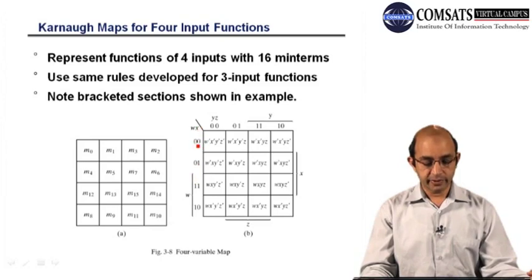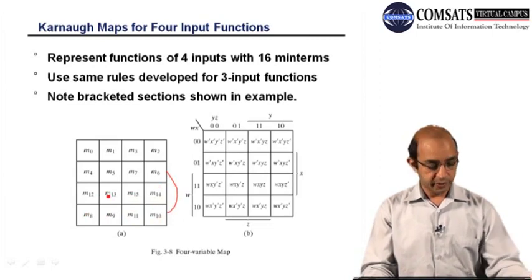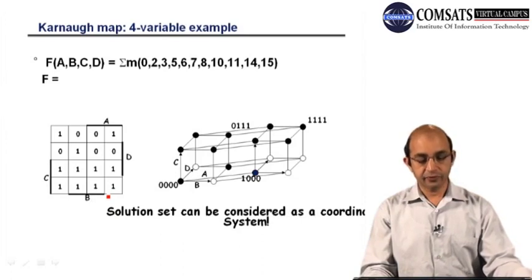So this is 00, 01, then jump to 10, 11. Here we have the corresponding minterms, numbering from 0 1 2 3 4 5 6 7. From here we have to jump here: M8, M9, M10, M11, 12, 13, 14, 15. So this is the K map for 4 variables.